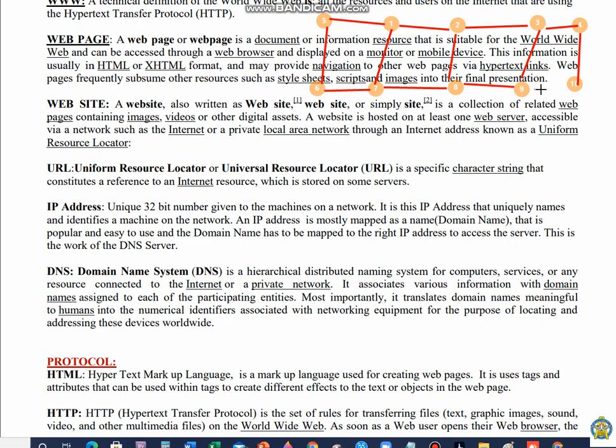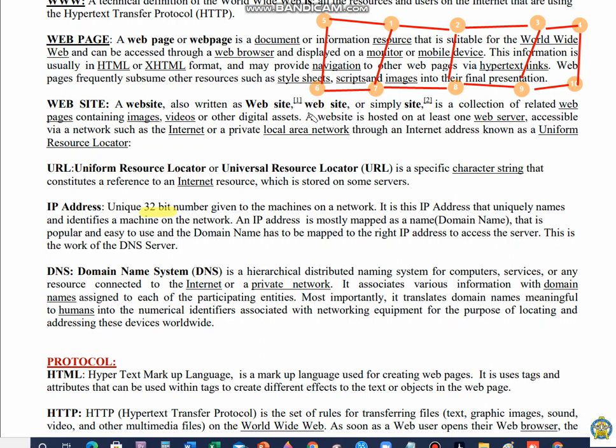So each computer in the internet has what is called an IP address, an Internet Protocol address, a 32-bit number, and each computer is known by that number. Suppose you are on the internet, if you just type what is my IP, it will tell you the IP of your computer.